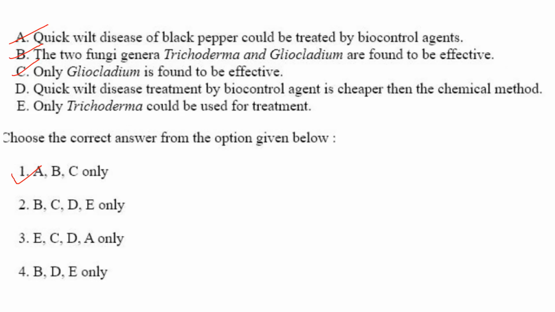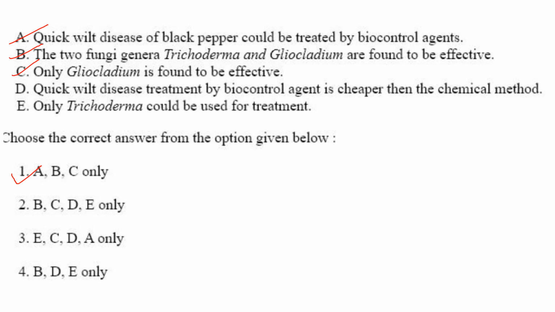Then next one. Quick wilt disease of black pepper could be treated by biocontrol agent. Yes. The two fungi genera Trichoderma and Gliocladium are found to be effective. Yes. Only Gliocladium is found to be effective?